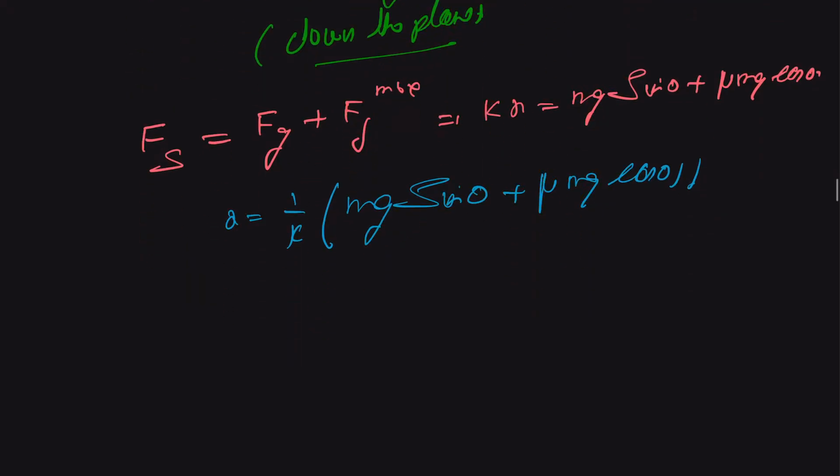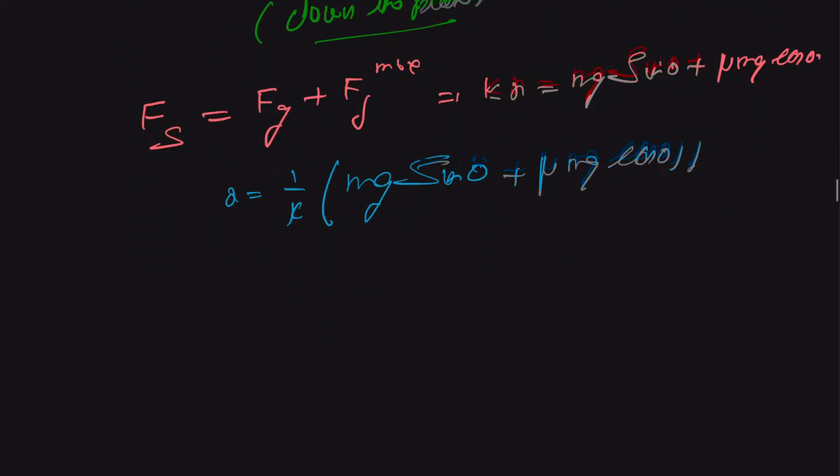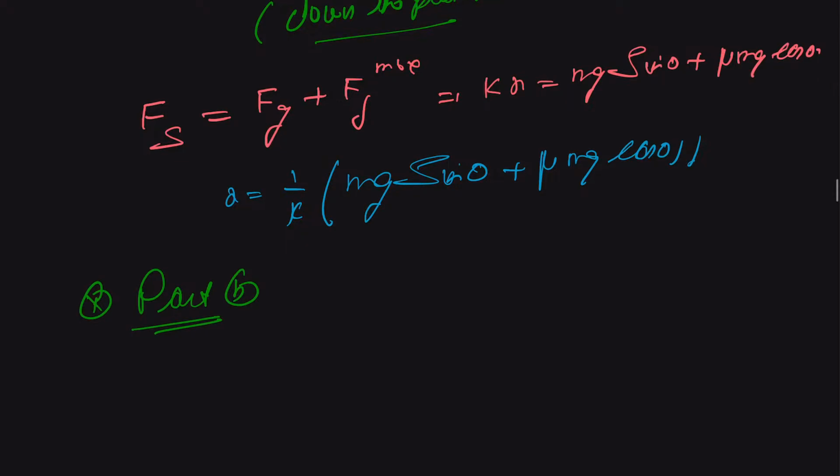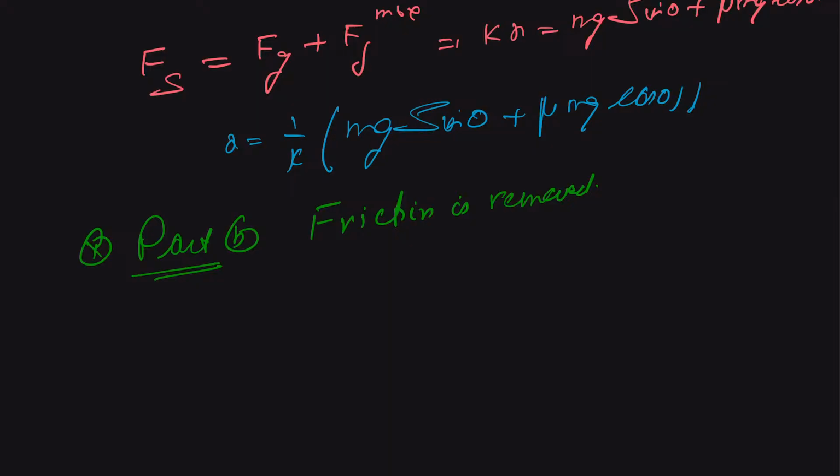And then we have part B. Part B said friction is removed. Based on this, we know that the block is initially at rest, which is at x equal to x max position.